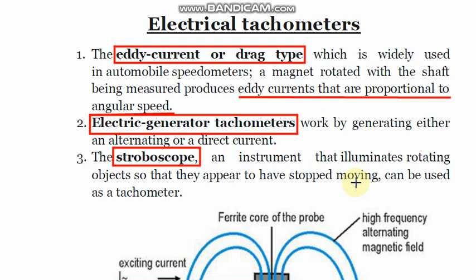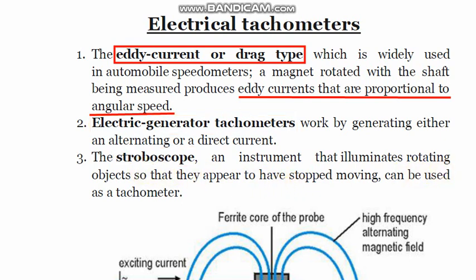In the lab you can watch that we can measure the speed of a fan from a far distance. In a stroboscope we throw a flashlight at different frequencies, and whenever the frequency of the light matches the speed of the rotating shaft, it looks like it has stopped moving. That concept is used in the stroboscope.